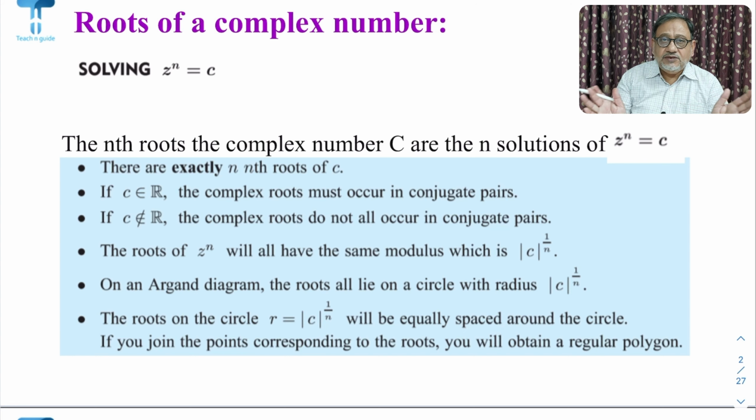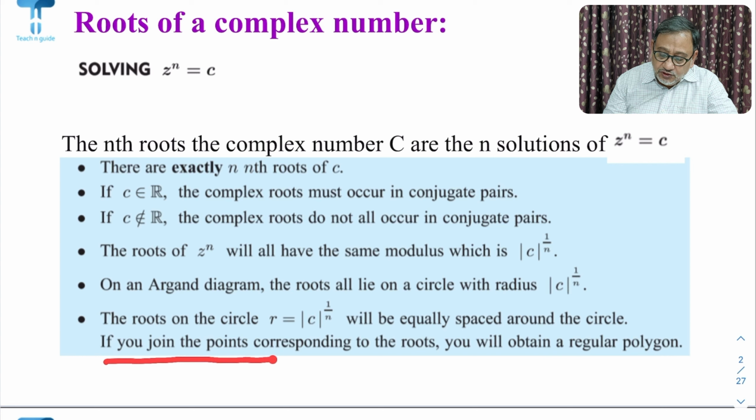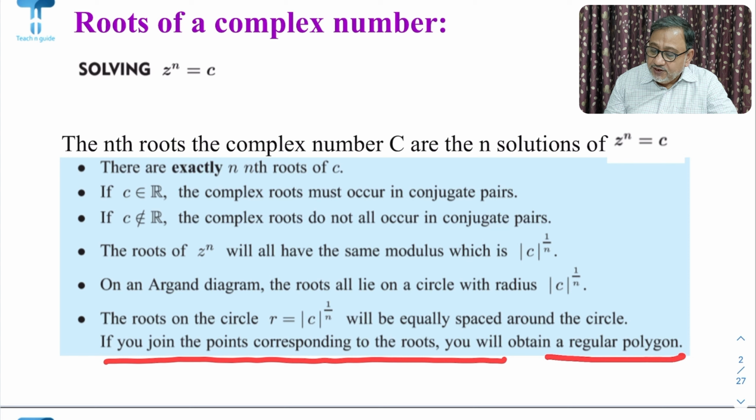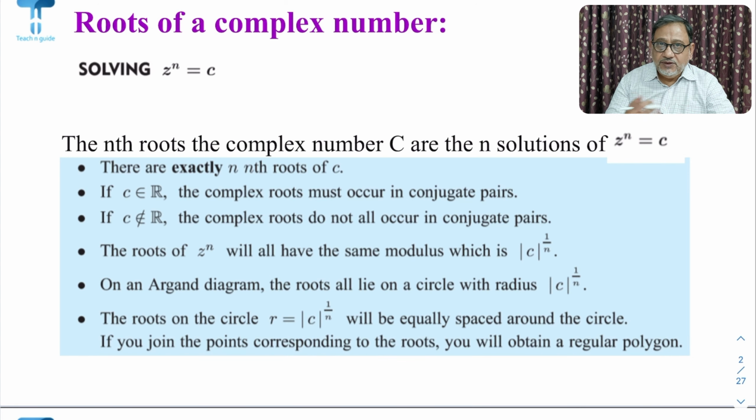I will show you today how they are equally spaced. If you join the points corresponding to the roots, you will obtain a regular polygon. All sides of the polygon will be equal, and therefore it will be a regular polygon.